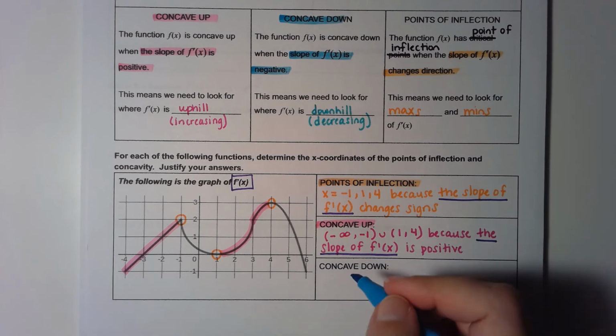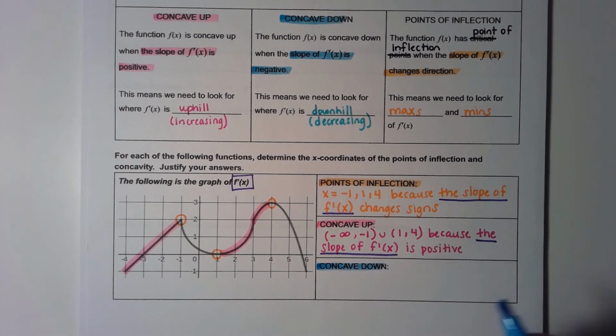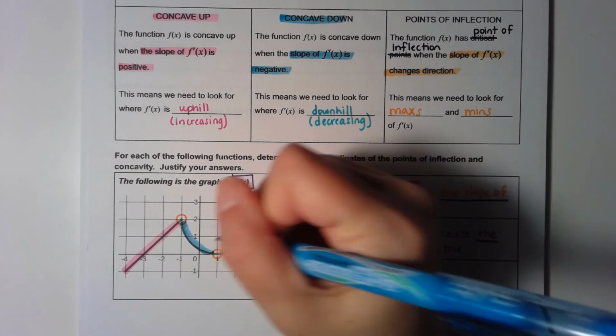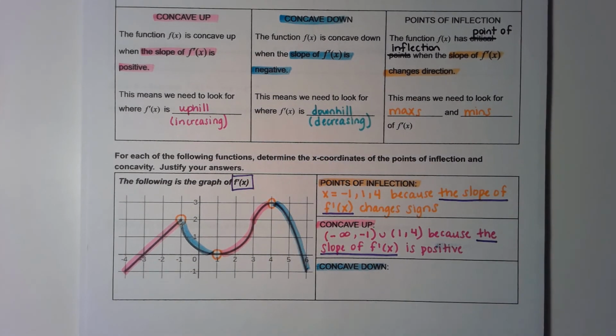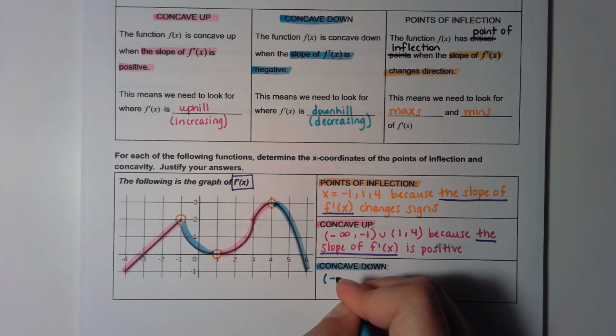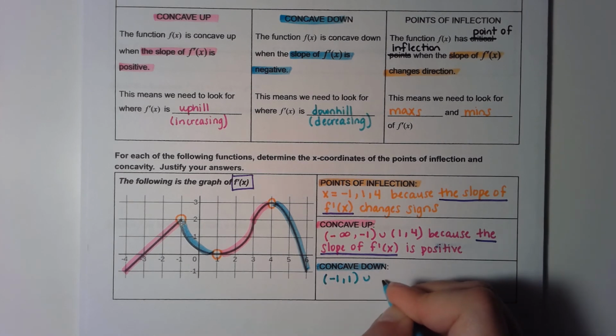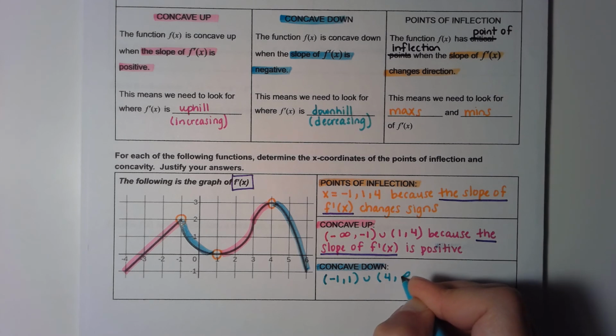Last but not least, the original function would be concave down from wherever this slope is negative. So from here to here and here to here. So I would say that we are concave down from -1 to 1, and also from 4 to infinity.